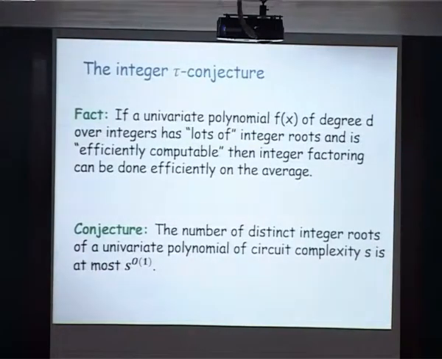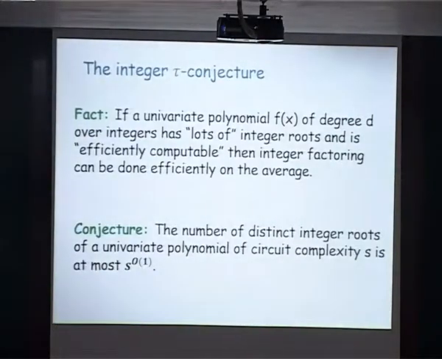Now it turns out that if you have a degree d polynomial which has lots of integer roots and it is efficiently computable, I will tell you what lots of and efficiently computable mean in this setting in a short while, but it implies something striking. It says that then integer factoring can be done efficiently on the average.